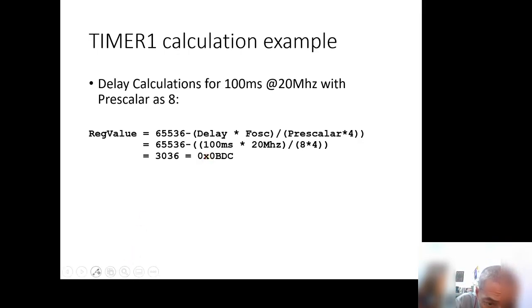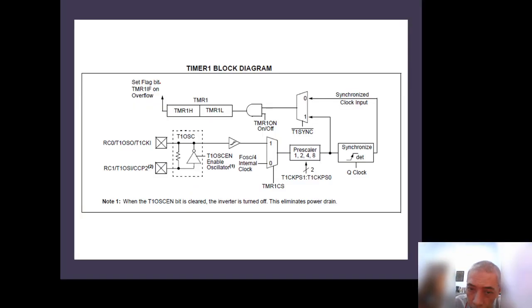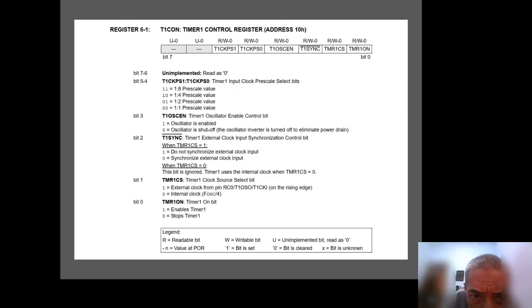So this is for TMR1H, and the other is for TMR1L, and the prescaler is 8. According to this register, the prescaler is 8, so you have to write here 1 and 1.